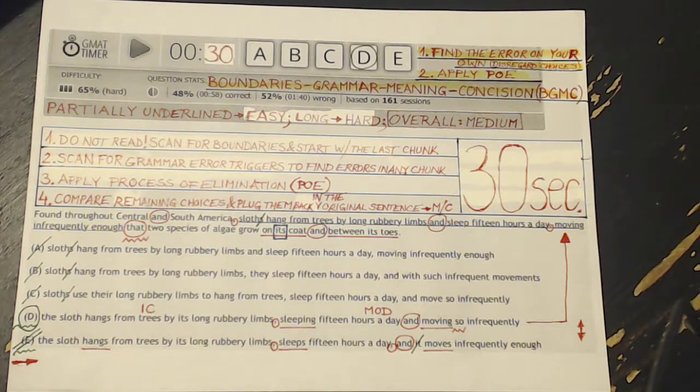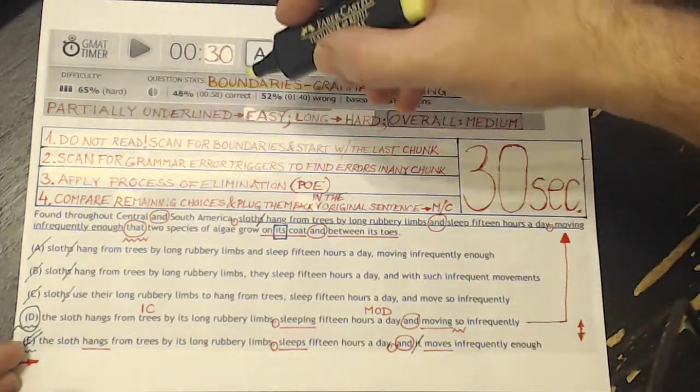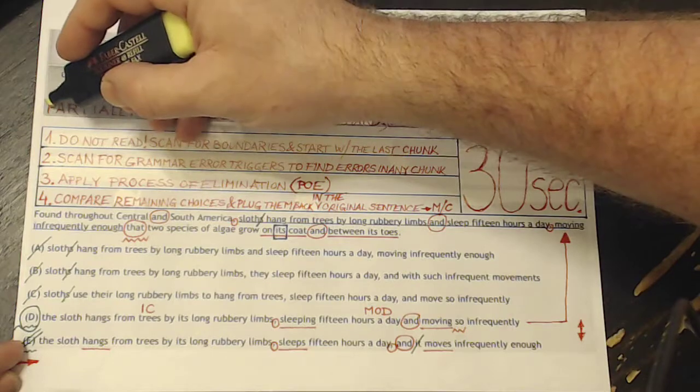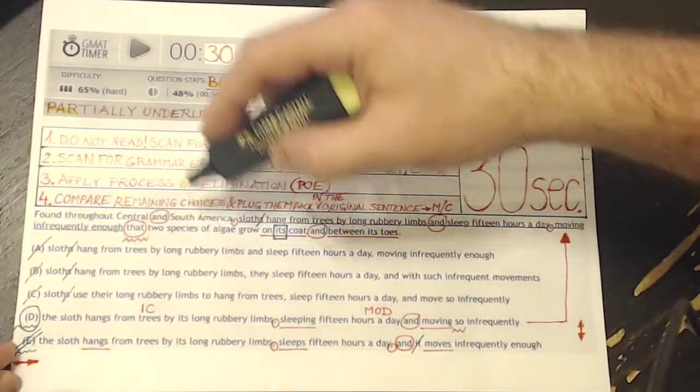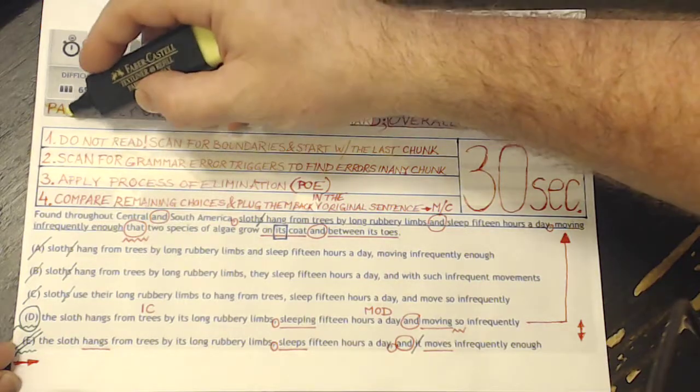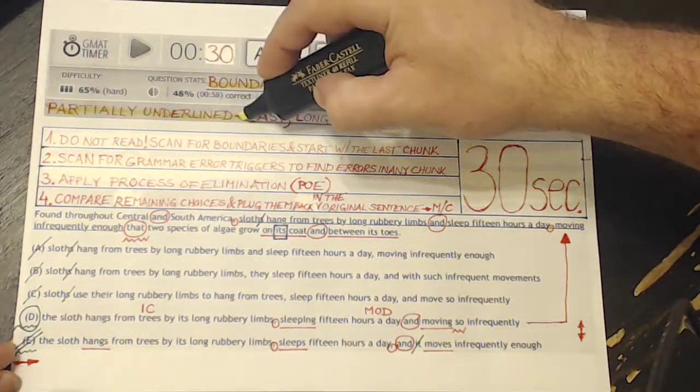This 2-step process can be broken down in 4 stages, which I will demonstrate in the sentence correction problem at hand. Before that, let's take a look at the difficulty level. I notice if I look at this example below that it's partially underlined.